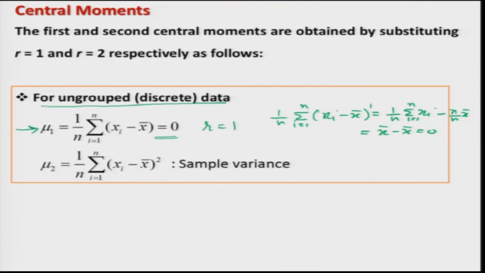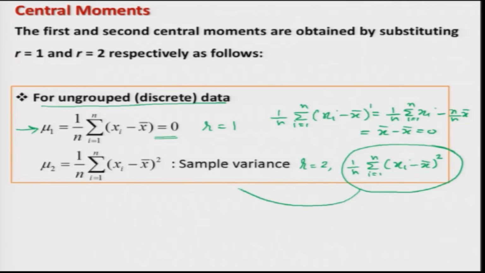Similarly, when I substitute r equal to 2, then what I get here is 1 upon n summation i goes from 1 to n, x_i minus x bar raised to the power of r equal to 2. Now, can you identify this thing? This is nothing but your sample variance, which we have defined in the earlier lectures.